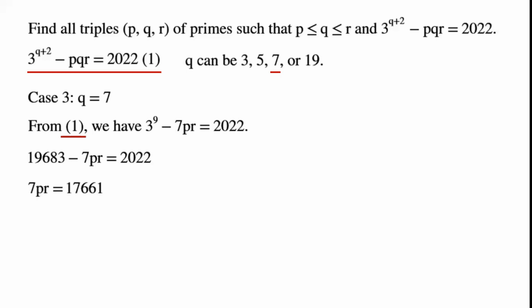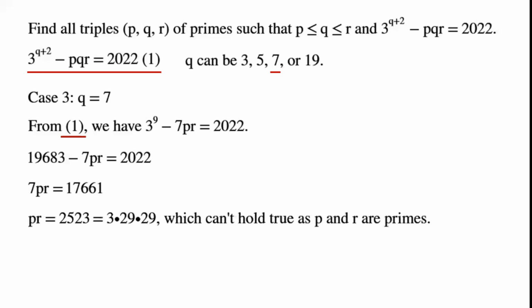By rearranging the equation, 7PR equals 17,661. So PR equals 2,523, which can be written as 3 times 29 times 29, which can't hold true as P and R are primes.